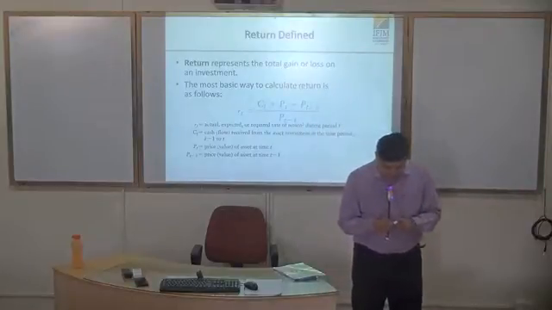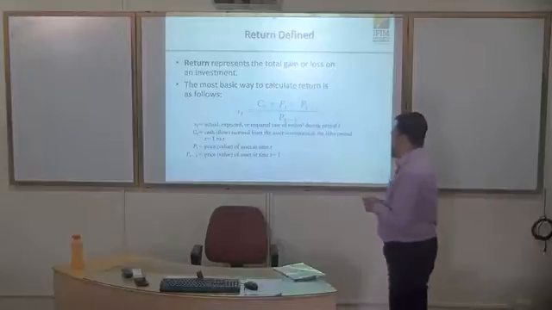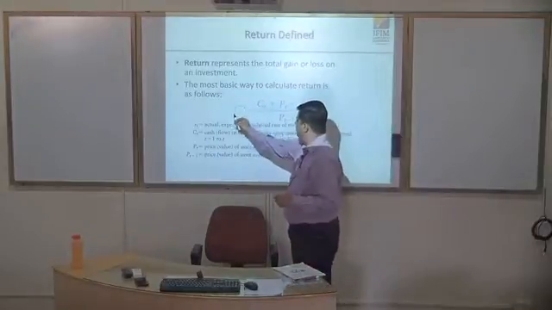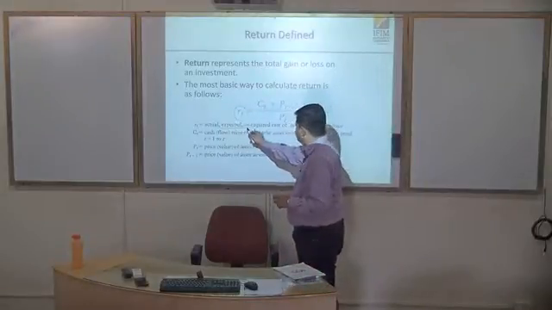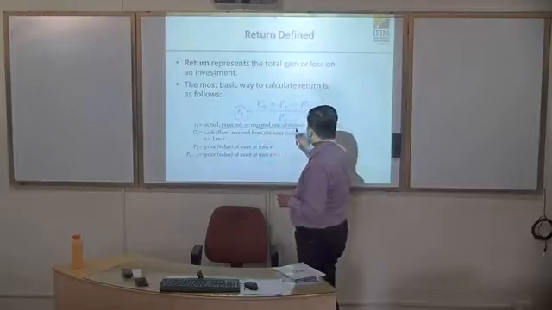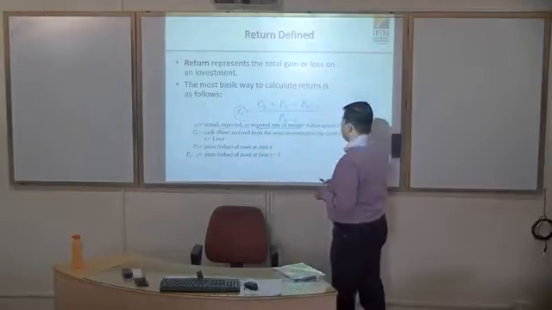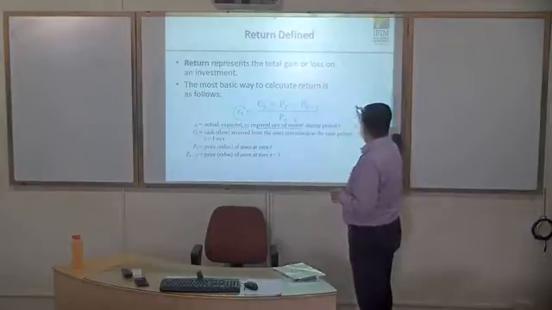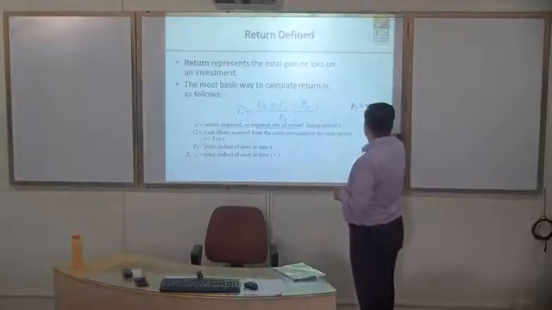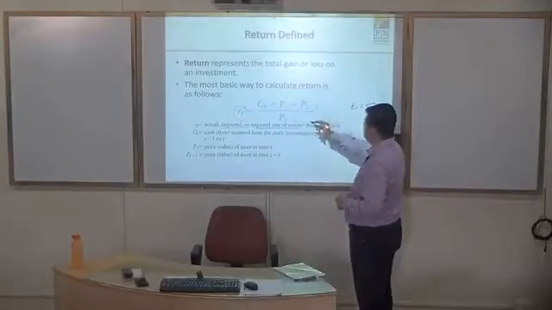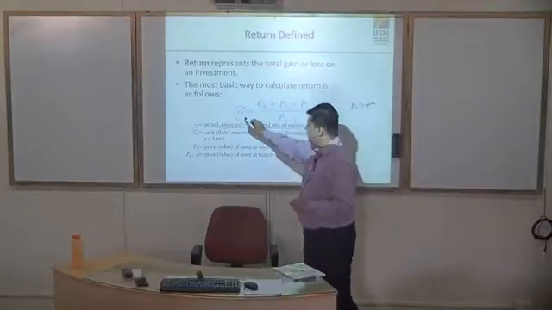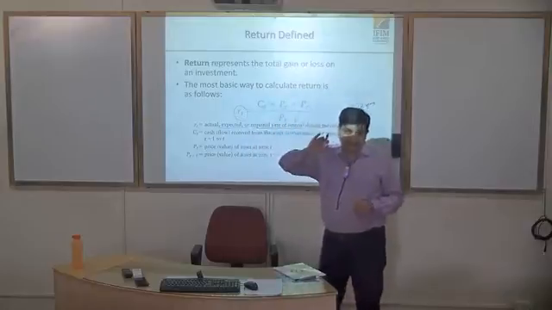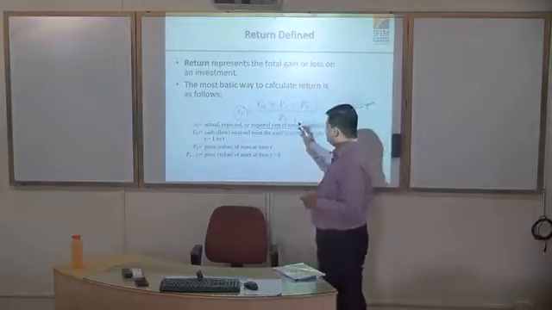RT on the left hand side is the actual, expected or required rate of return during the period T. Let's take T as 2 years. In 2 years, what is the return that I want to make is what R represents. That's the thing that we want to find out using this formula.